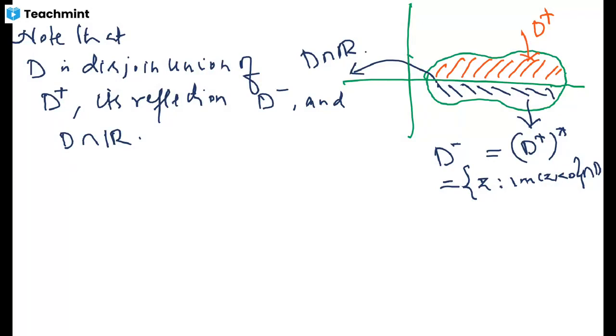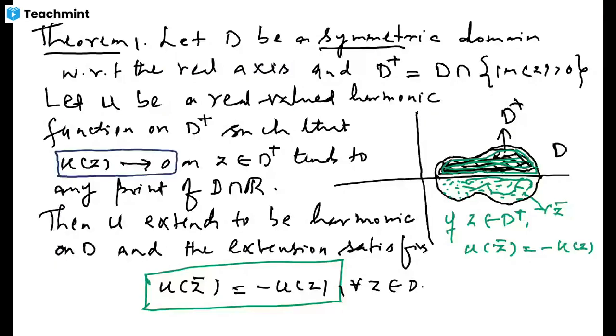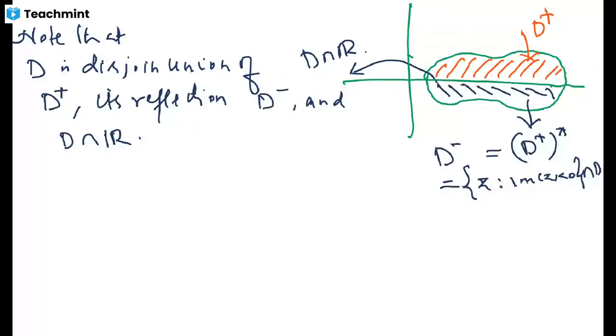We do not need to define it on the real axis because according to the hypothesis, on the real axis, if we are extending it, it needs to be extended in such a way that its value is 0. So we only need to define this function on this D minus part as well.